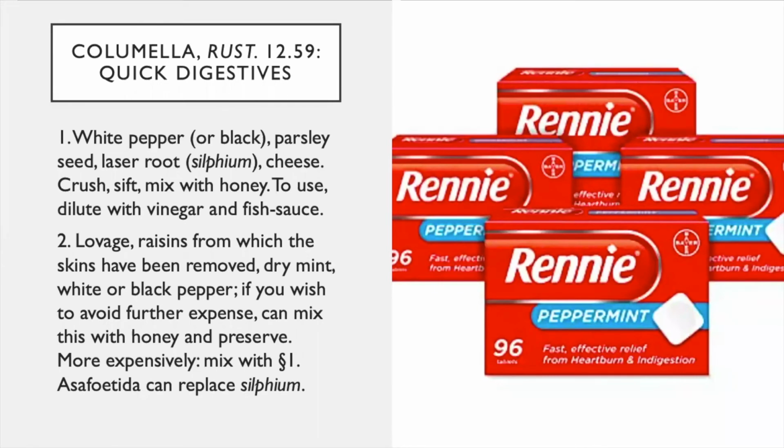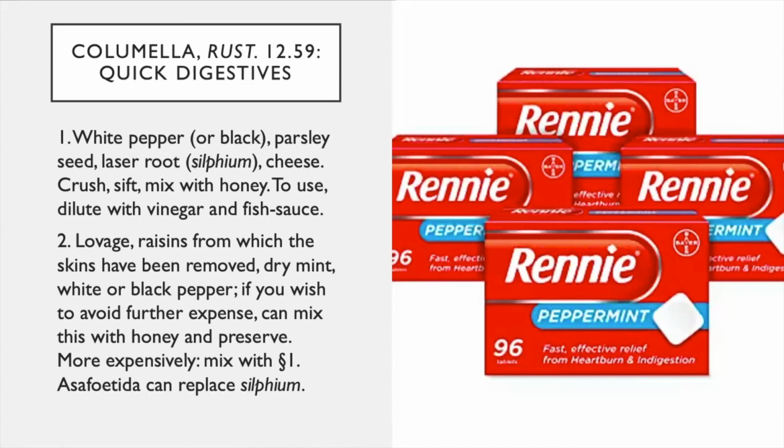So you see, he says here, you mix these digestives with honey, and to use them, you dilute with vinegar and fish sauce, no oil. The second one involves mixing with honey and preserving, or more expensively, mixing with all the ingredients from part one. So firstly, a point here is that expense is a question here.